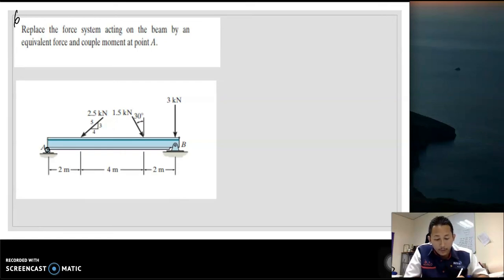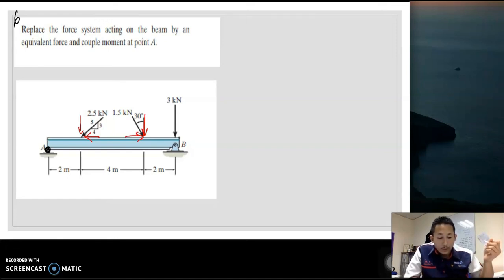So point A, and we need to break our force. Okay, so we have this one, 2, 3, 4, and that's it. So we need to calculate in X direction and also in Y direction.